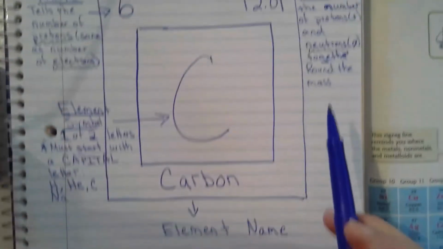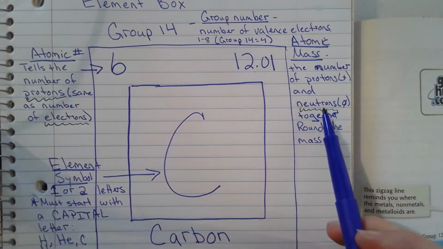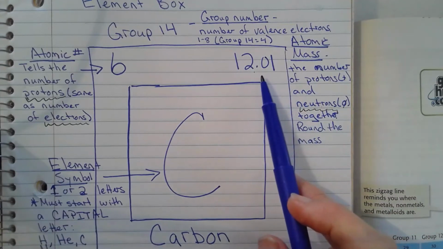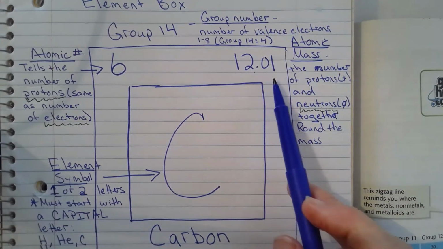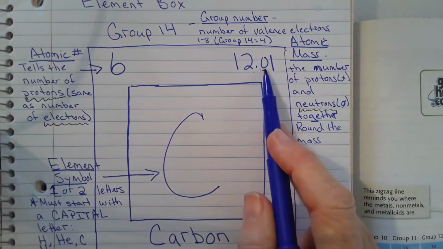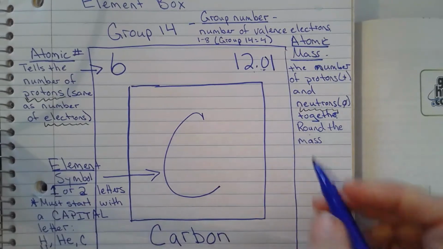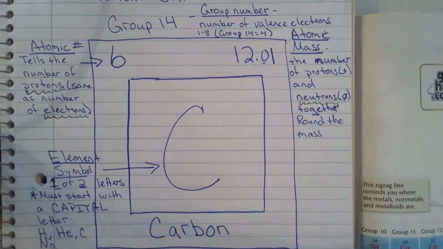Up here, my atomic mass is the number of protons and neutrons. Well, that number is 12.01, so I'd round it. Since it's less than 5, it goes down. So I have 12 in my mass.